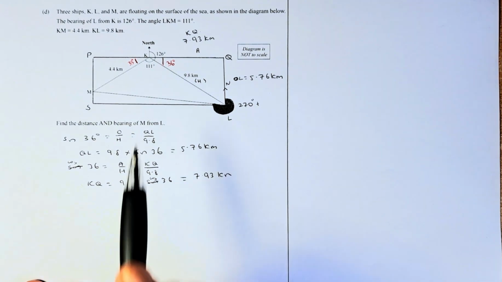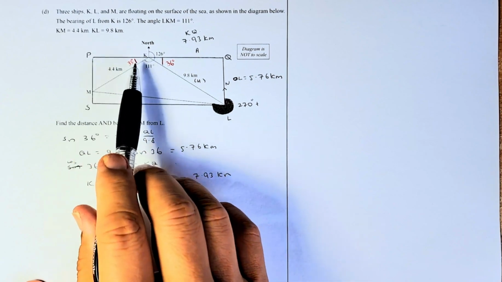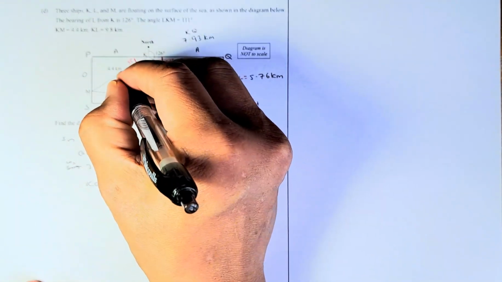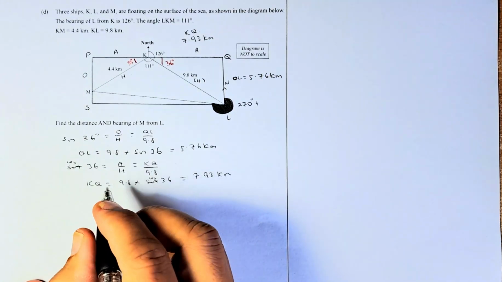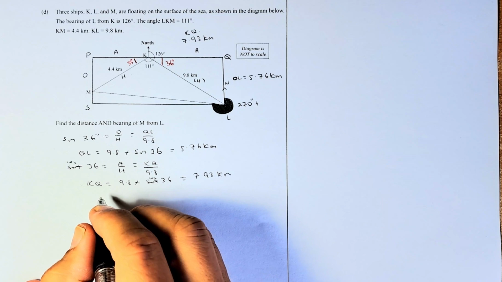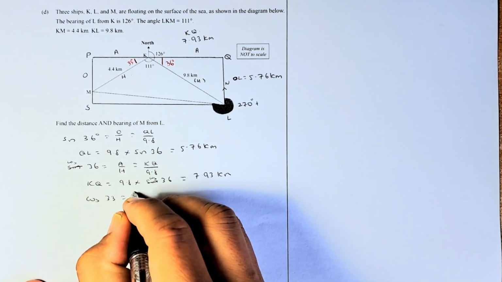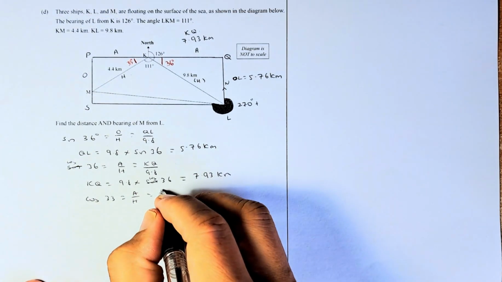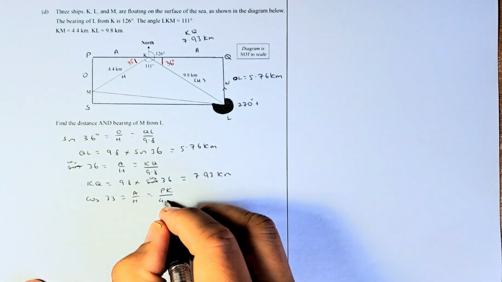Now, we know that it's 33. We can use that to calculate PK. Again, this is adjacent, this is opposite, and this is your hypotenuse. To find PK, cosine 33 equals adjacent over hypotenuse. Your adjacent this time is unknown, PK, and the hypotenuse is 4.4.